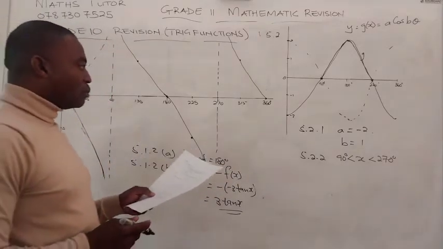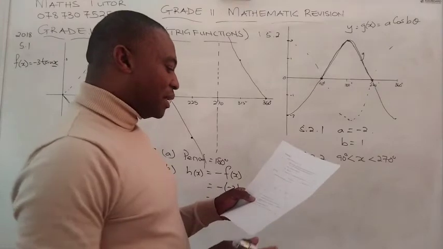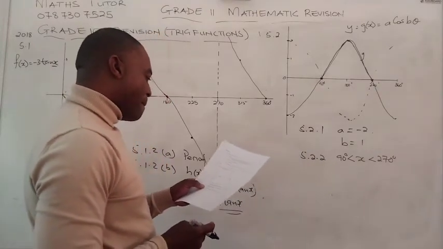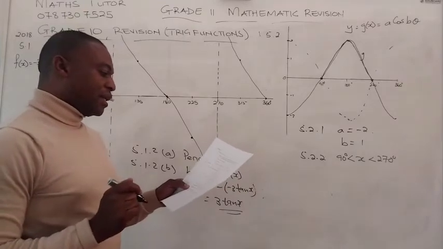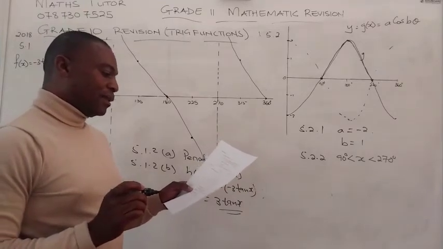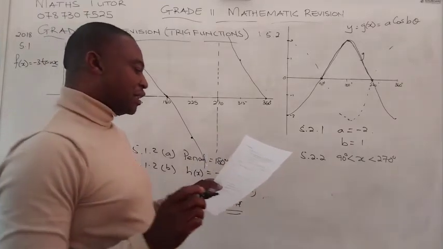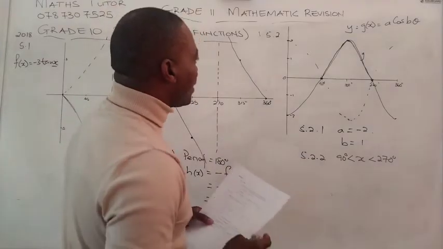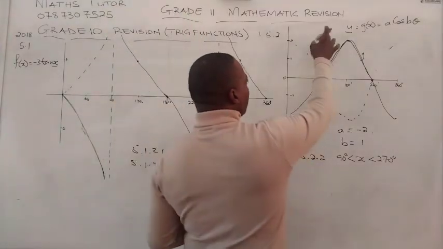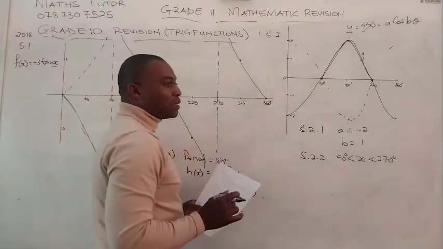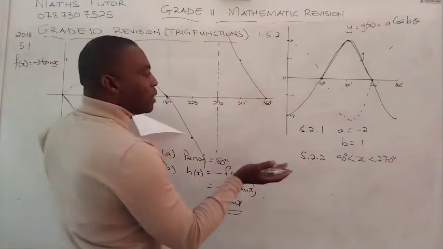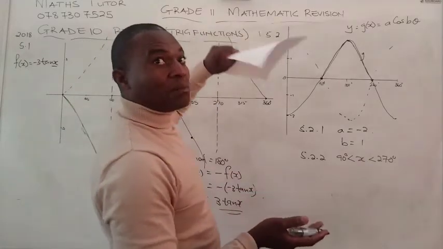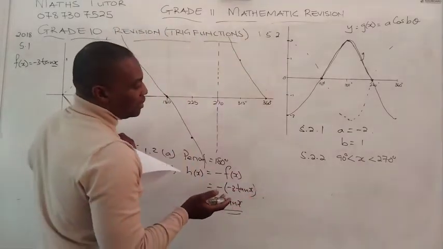Then 5.2.3, determine the range of h. If h is the image of g, if g is shifted down 2 units. Now, shifting g down 2 units, we will just focus on the minimum and the maximum, because that's what will give us the range.